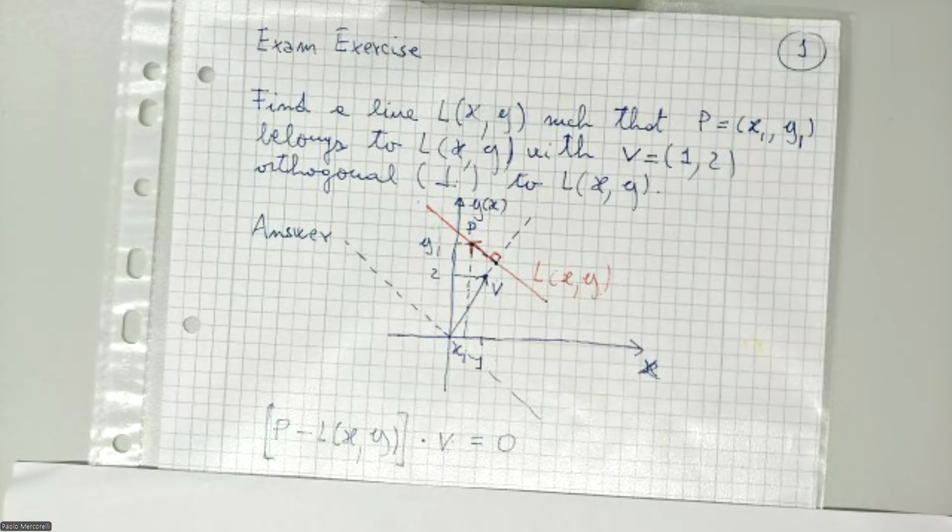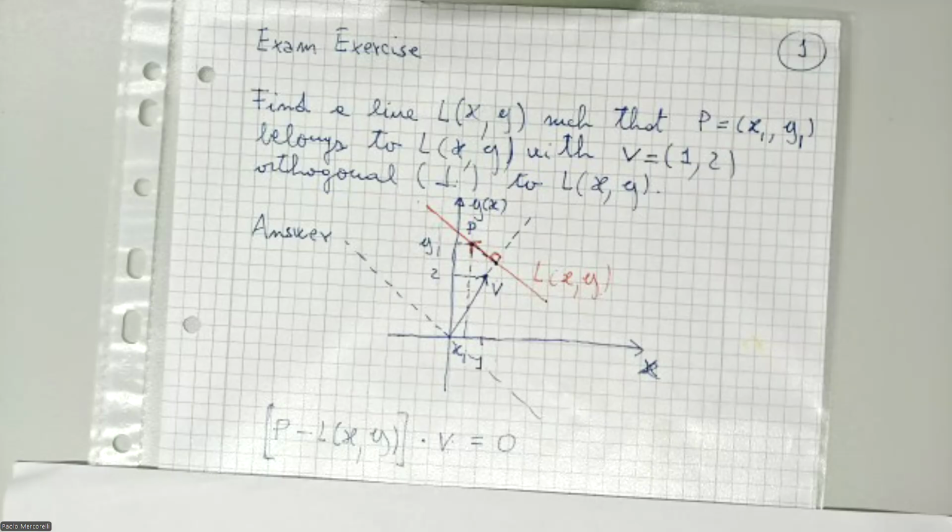For each P, I agree that the orthogonality is given because it doesn't matter what I write here, I impose it to 0. For each P, I can write here, for each P, I didn't put it, but it would be nice if I could.